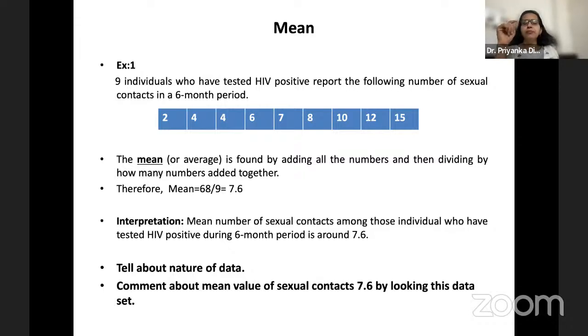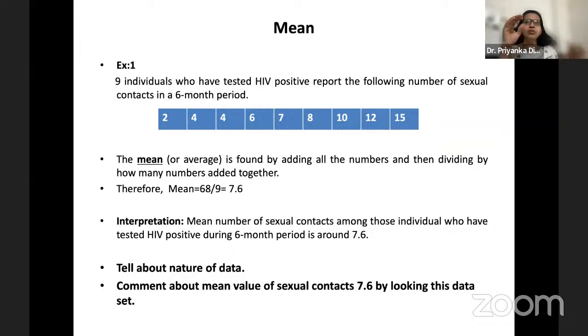Fine. My median was how much? 7. What is the interpretation of median? Median divides the entire data set into 2 equal parts. So the interpretation of median is: 50% of the people have reported less than 7 times sexual interaction. However, 50% of the people have reported more than 7 times sexual interaction during last 6 months.